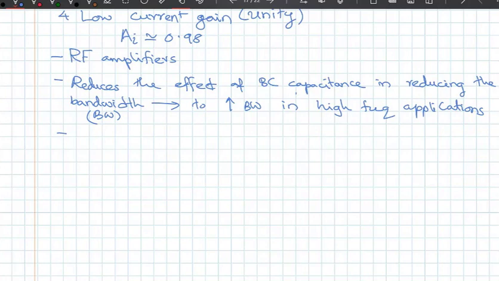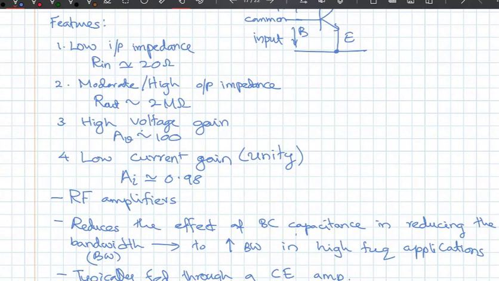Now, because this doesn't give you any voltage gain, typically we have a common emitter amplifier before this also, since the input impedance of this is pretty small.